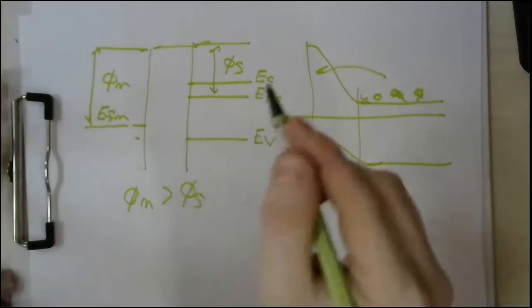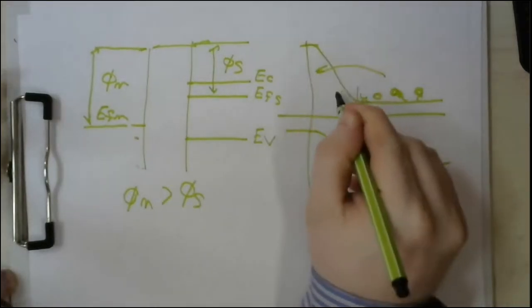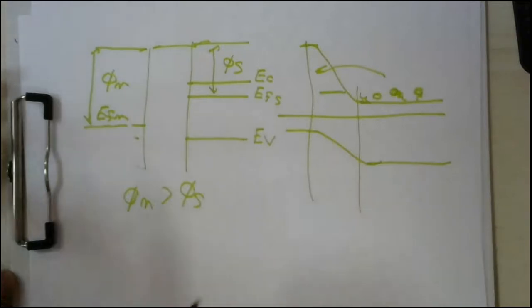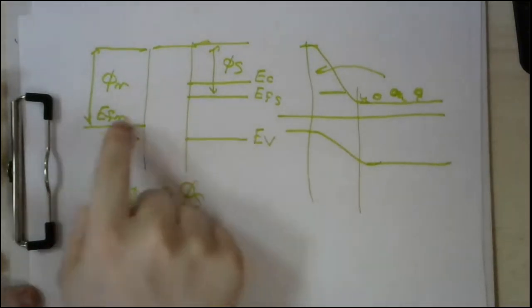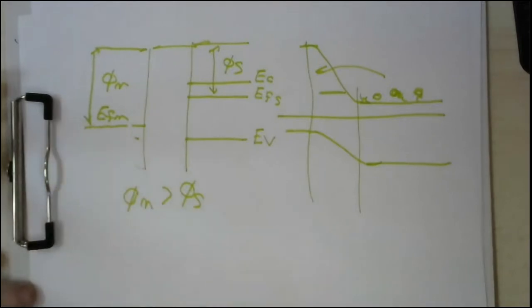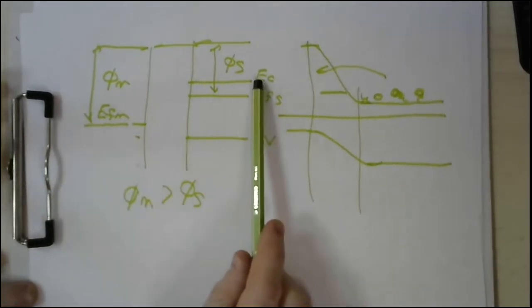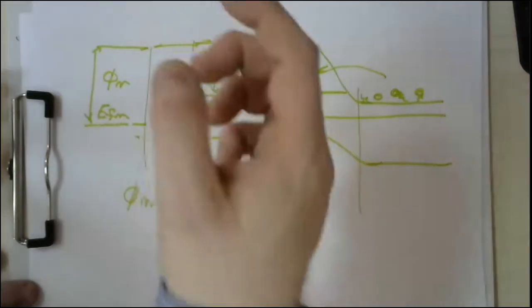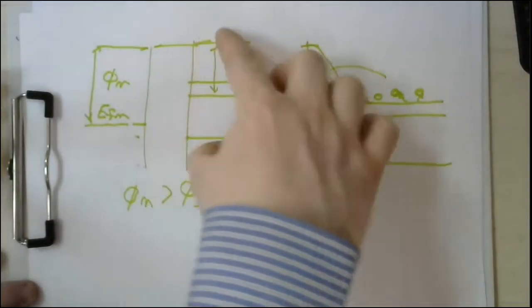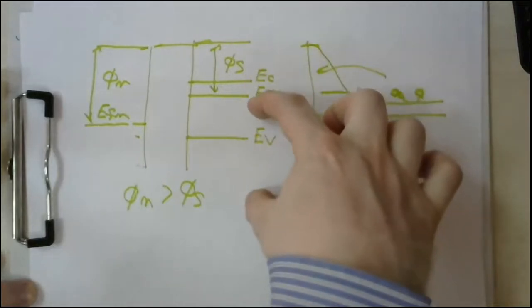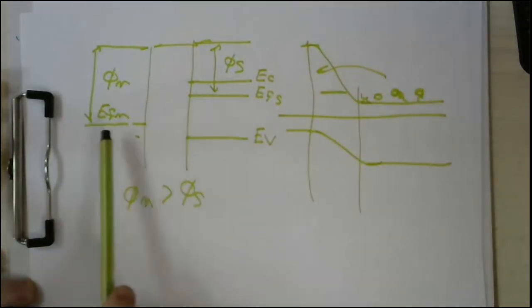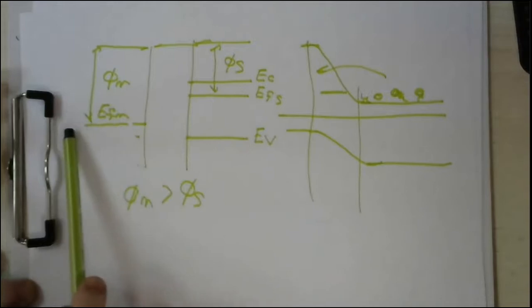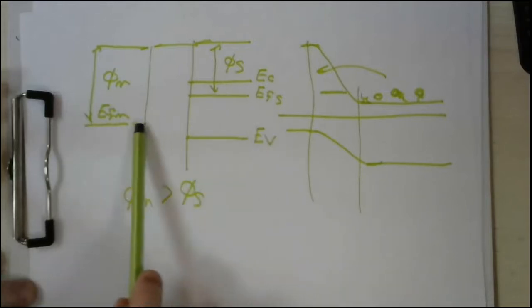We can actually calculate the height of this barrier, because simply what happens is you now want to make EFM and EFS aligned. So simply what you do is shift this energy band diagram downwards so that you can horizontally align EFM with EFS.